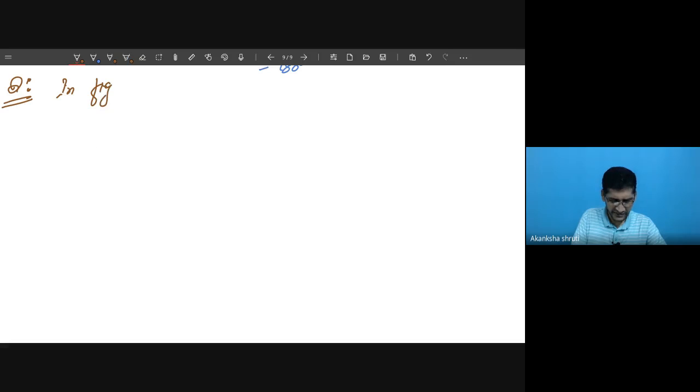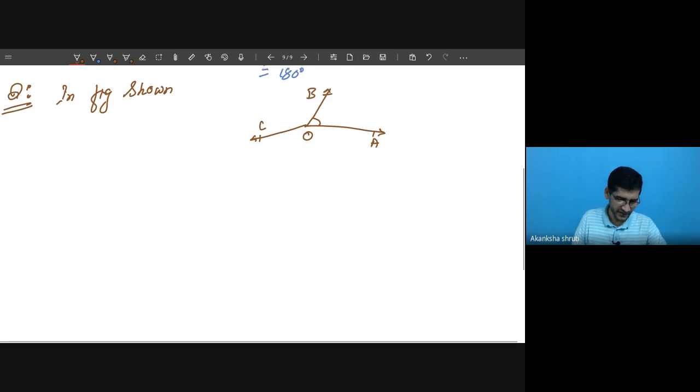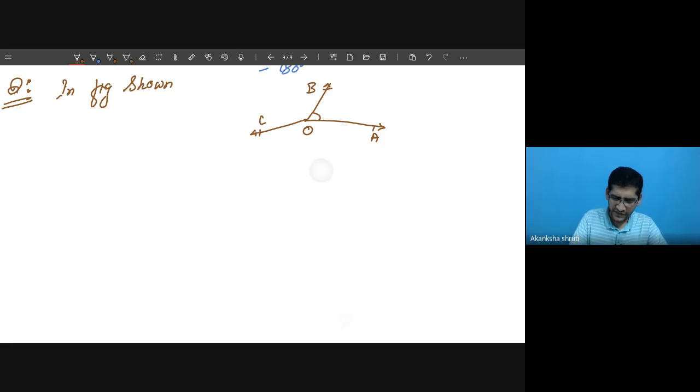In figure shown, so I am drawing the figure like this. Figure is not up to the scale, so it may appear different. Consider this as O, this as A, this as B, this as C. Okay. So in the figure shown, let us consider this as 45 degree.